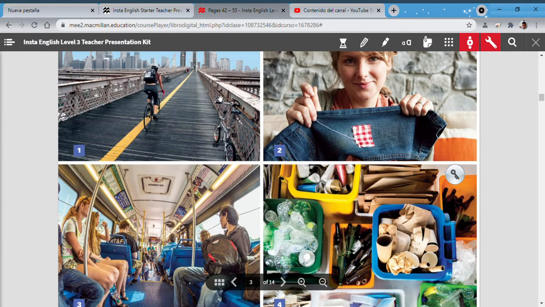Okay, it's a possibility. I don't say that it's wrong, but it's a possibility. In number 2, a girl with a jacket. Number 3, people traveling. Yeah, that's good. Number 4, recycling. Yeah, it's much better.